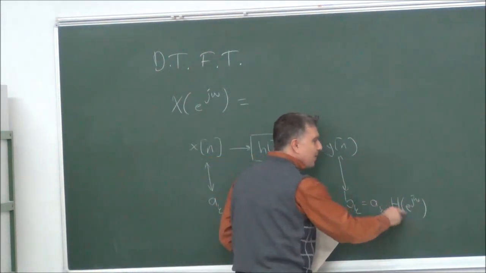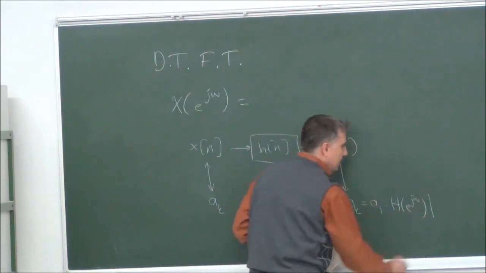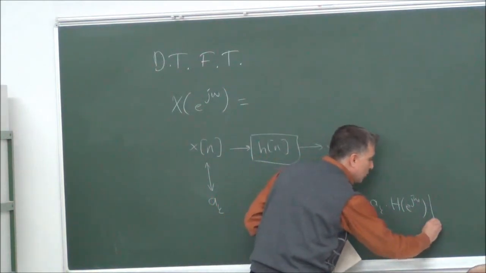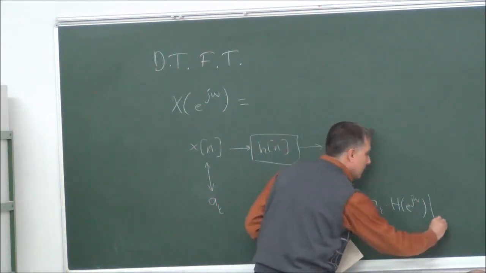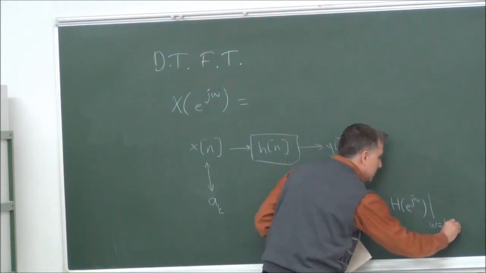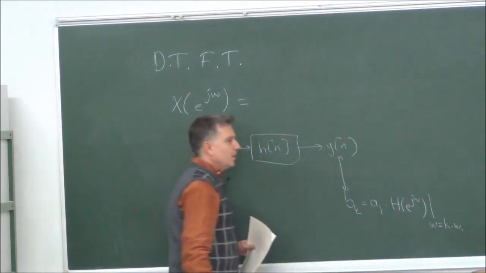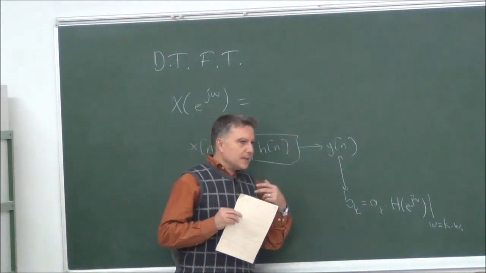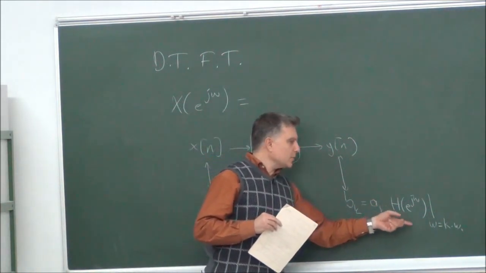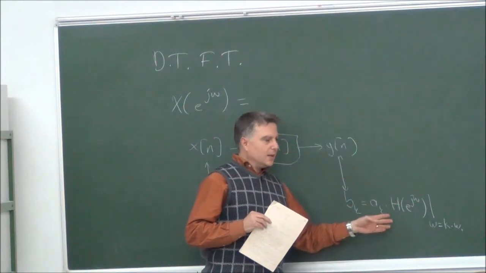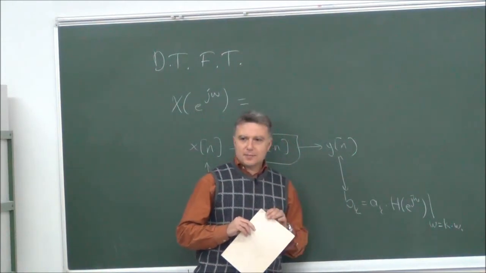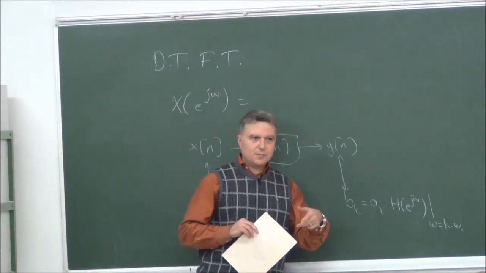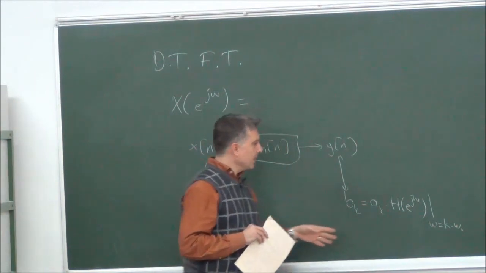So this is a function of omega only, evaluated at omega equal to k times omega 0. Omega 0 is the fundamental frequency. So what I'm trying to say is that we were expressing this filter as h of e to the j omega then. Okay, if you take a look at your notes, you will see that.